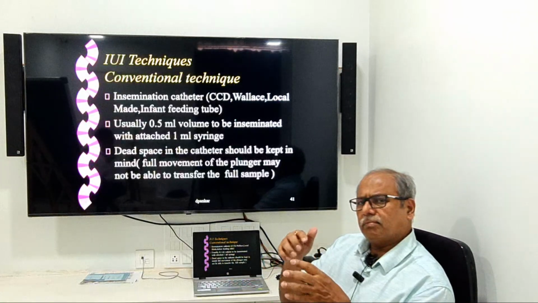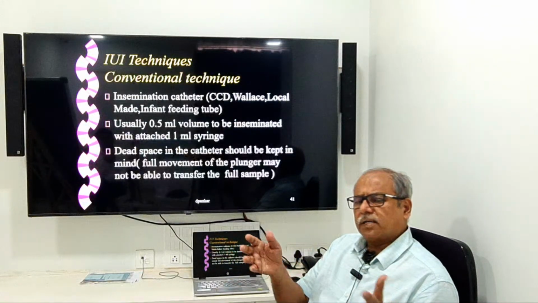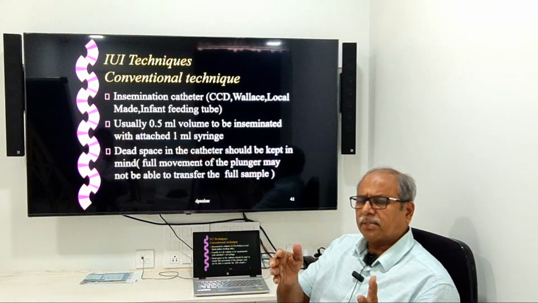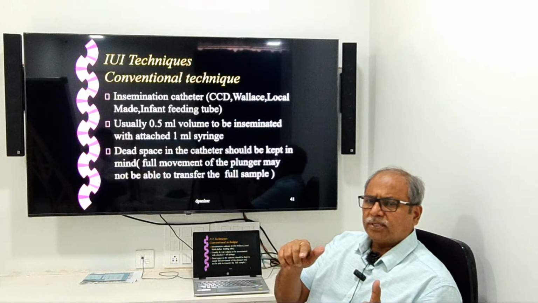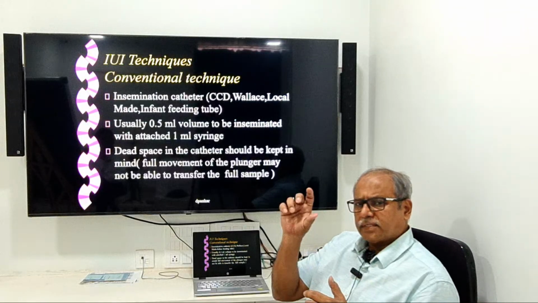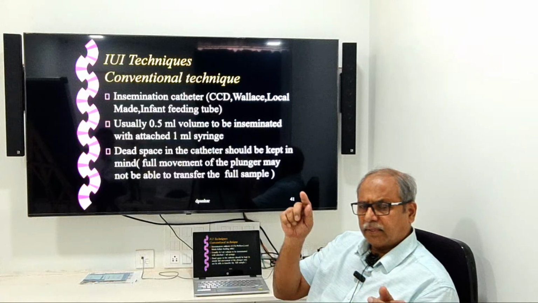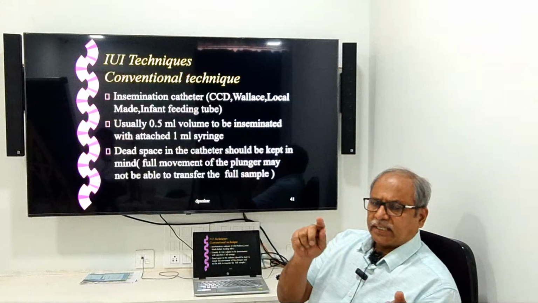And if you have better facility, you can use ultrasound for guidance of the catheter, so you can confirm that your inner catheter is inside the uterine cavity. The catheter contains some dead space, that is air, besides the prepared sample.